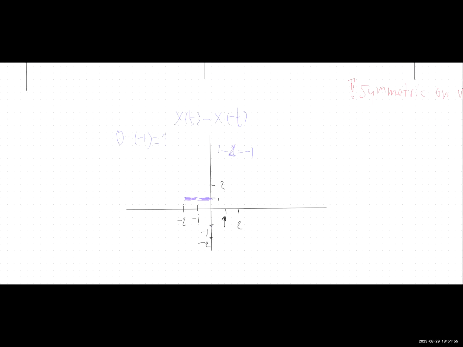Cool. Anyone have question at this part right now? If you feel like you're confused or you want me to repeat or go over any specific part again, please let me know. Do you understand what I'm doing here? If you have any question, let me know.